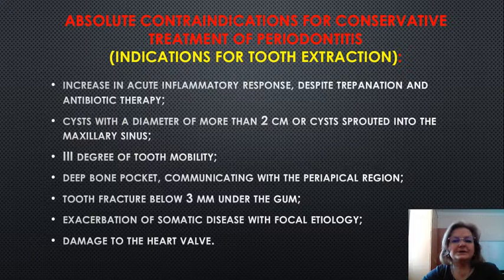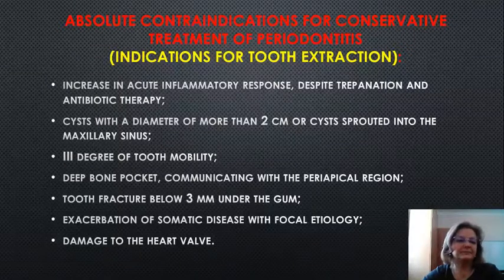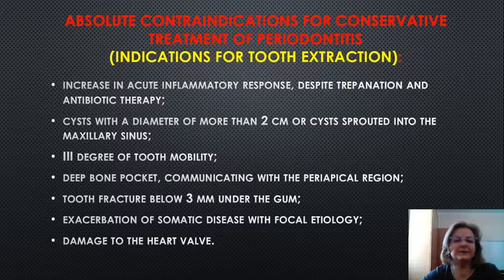Absolute contraindications for conservative treatment of periodontitis. Indications for tooth extraction. First, increase in acute inflammatory response despite trepanation and antibiotic therapy. Cyst with diameter of more than 2 centimeters, or cyst spreading into the maxillary sinus.